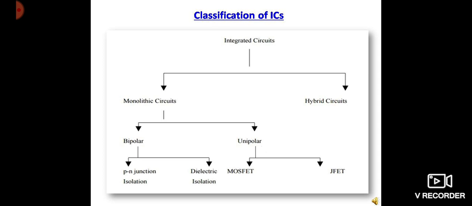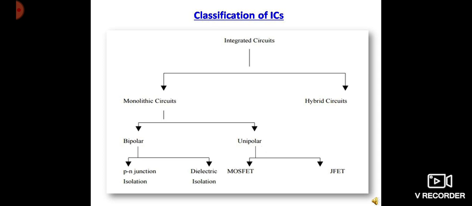That is, if the bipolar junction transistor, BJT, is used in the IC, it will be a bipolar IC, and if field effect transistors, FET, are used, it will be a unipolar type of IC.